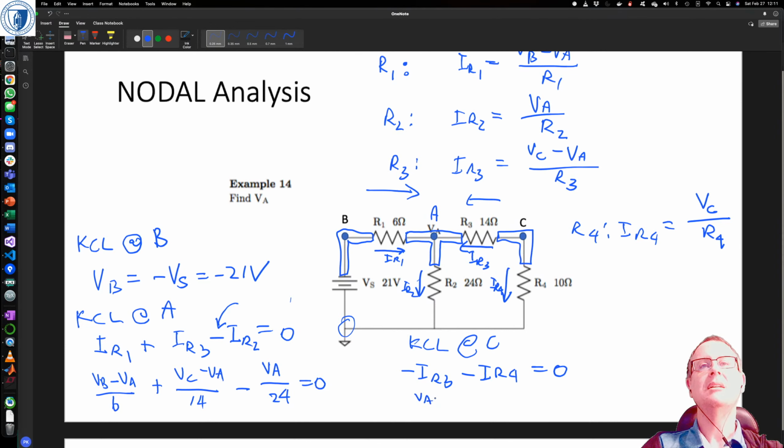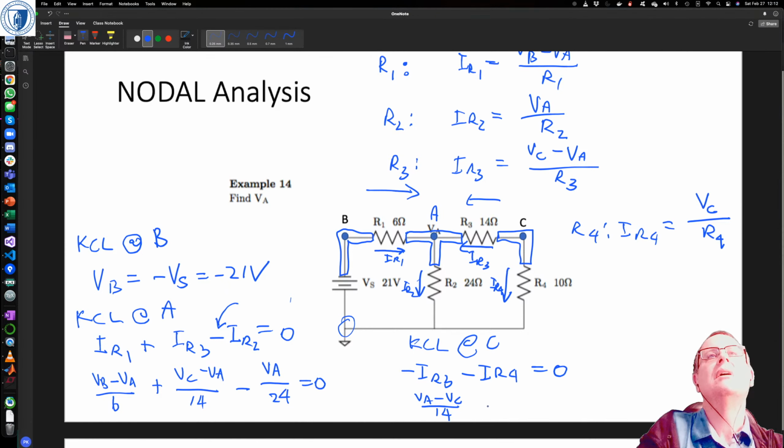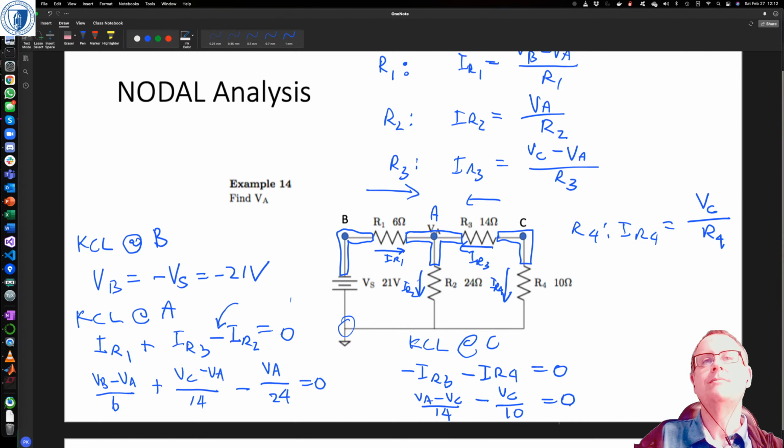So it's VA minus VC on R3, which is 14, minus IR4, which is minus VC on R4, which is 10. That equals 0.